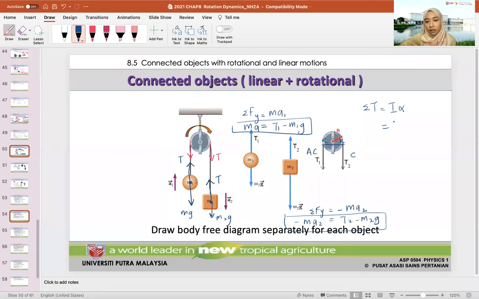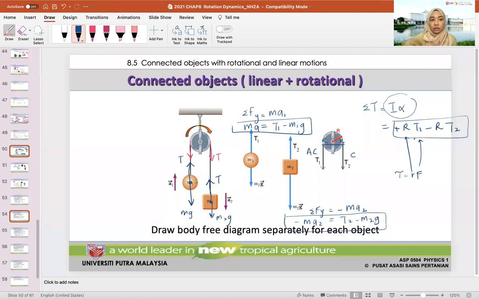So in my equation, it should be positive R T1 because torque is RF, right? Minus R T2. This is from the free body diagram, the radius and the force. Torque is RF. The T is your F, the R is your capital R over here.